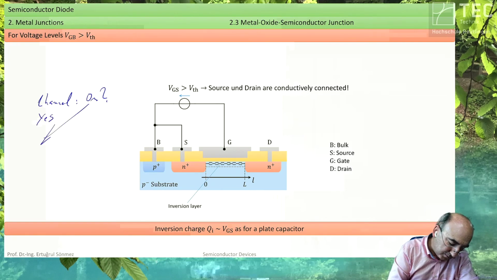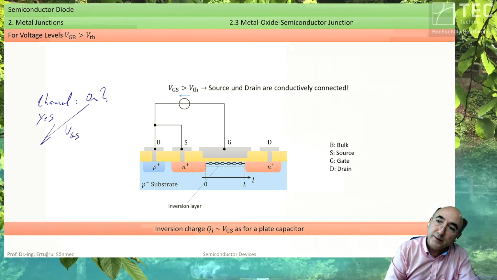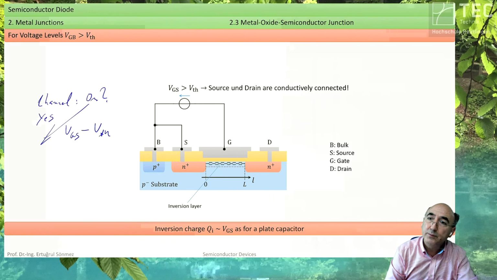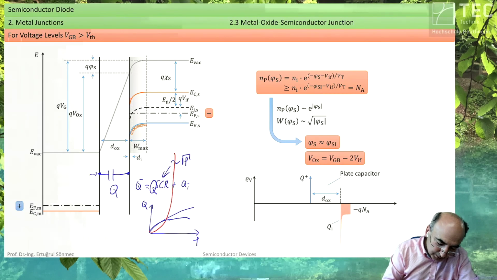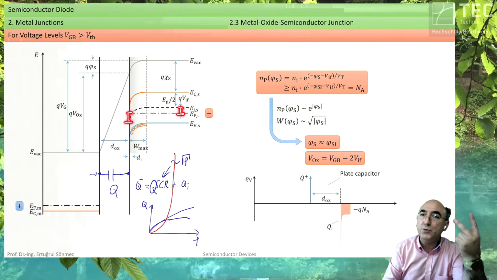Yes. Then from the voltage you apply, you take out the threshold voltage, because to form the channel you need this distance, 2 VIF.